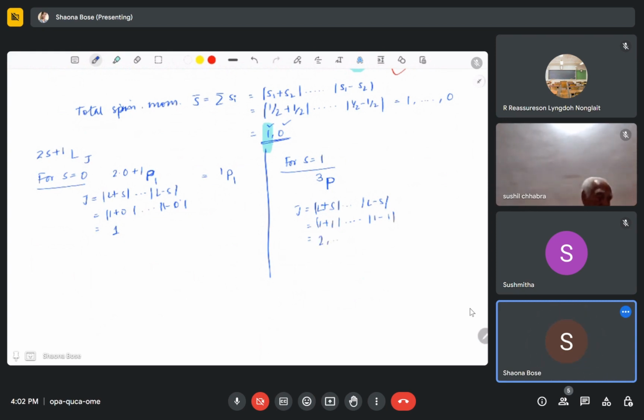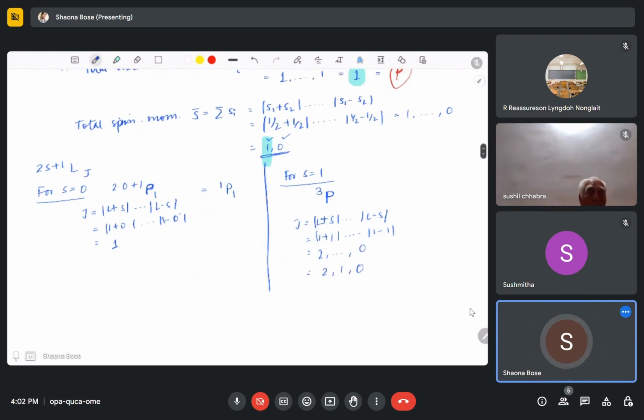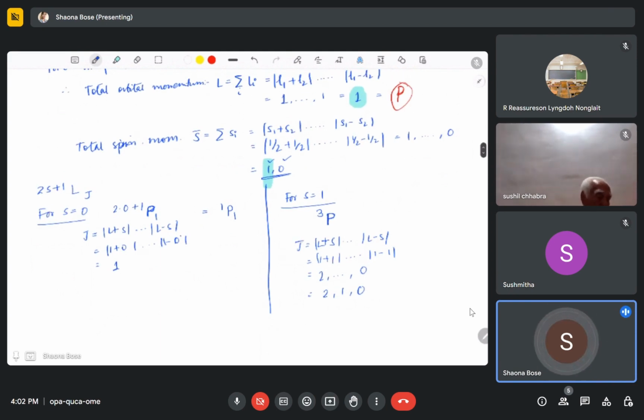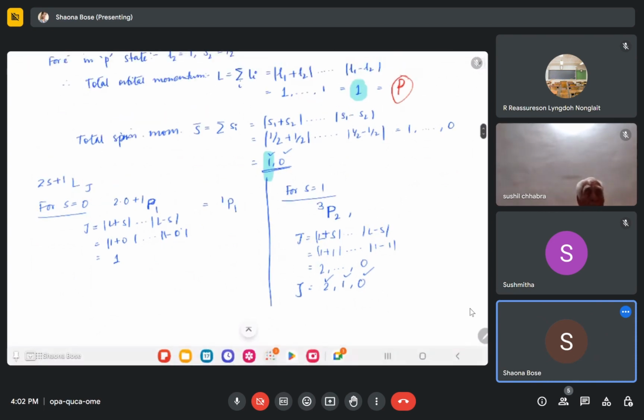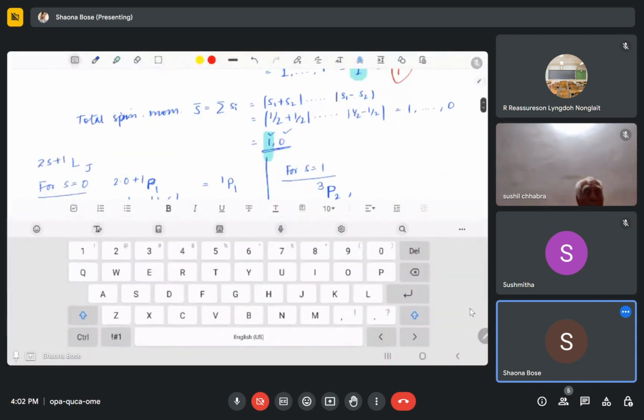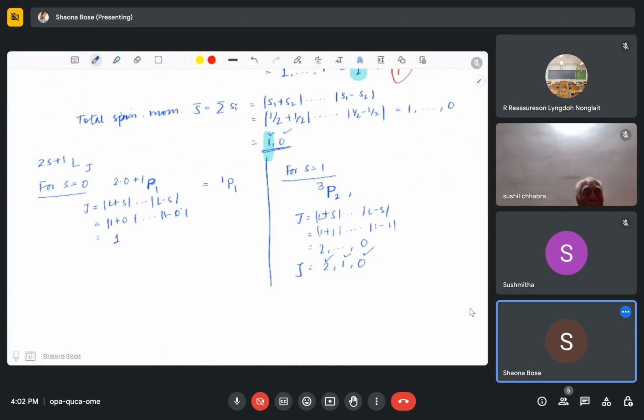So this is 2, 1, 0. Here we will get 3 terms, 3 values of J. J is equal to 2, 1 and 0. So 3P2, then 3P1 and 3P0.